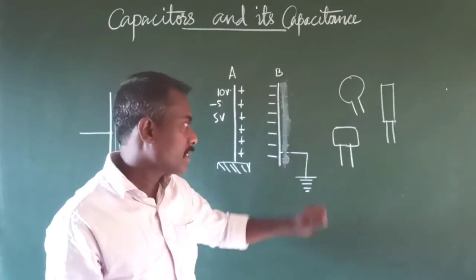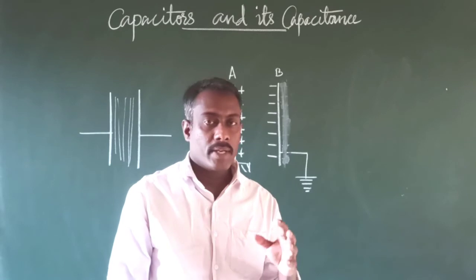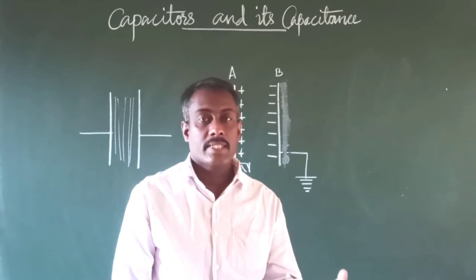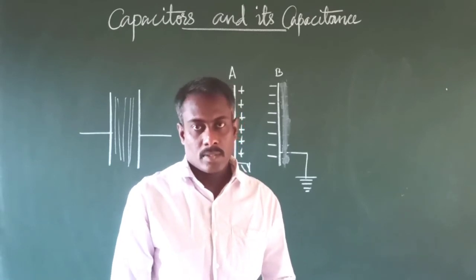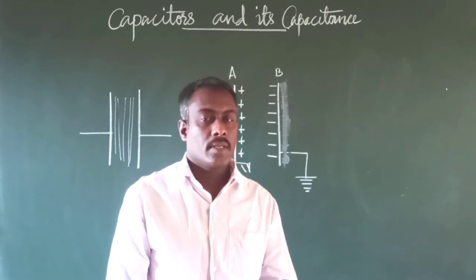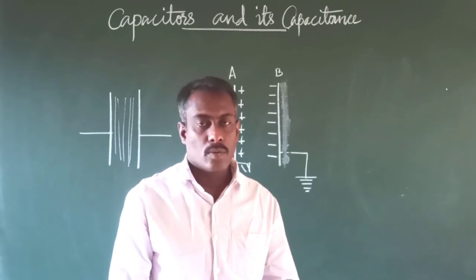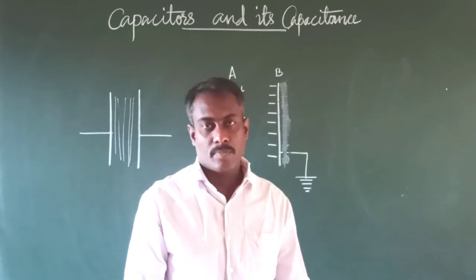Now, what do we mean by capacitance? As per the definition, capacitance is the measure of the ability of a conductor to store electrical energy, or electrical potential energy, in it.